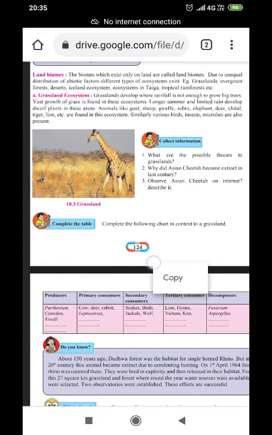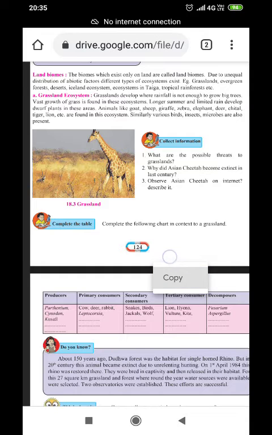The biomes which exist only on land are called land biomes. Due to unequal distribution of abiotic factors, different types of ecosystems exist, for example, grasslands, evergreen forest, deserts, ice land ecosystem, ecosystem in taiga, tropical rainforest, etc.